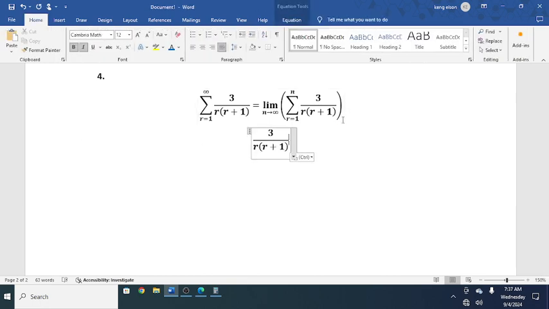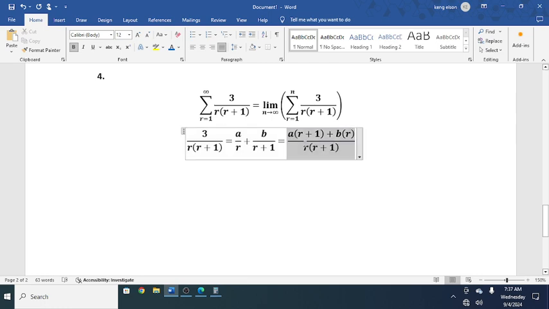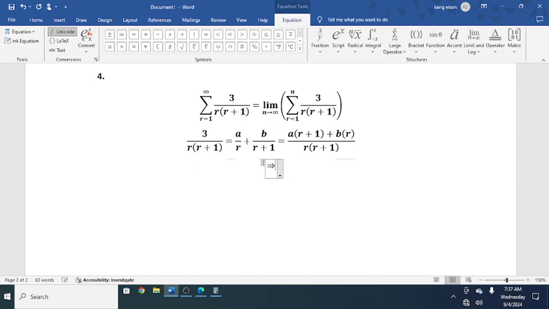In partial fractions, you are going to have A over r plus B over r plus 1, which is equivalent to, with the LCM r times (r plus 1), A times (r plus 1) plus B times r. Since this and the original have the same denominator, we just have to equate their numerators. So equating their numerators, we have 3 is equal to A times (r plus 1) plus B times r.